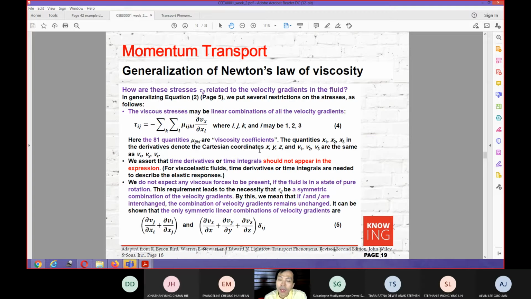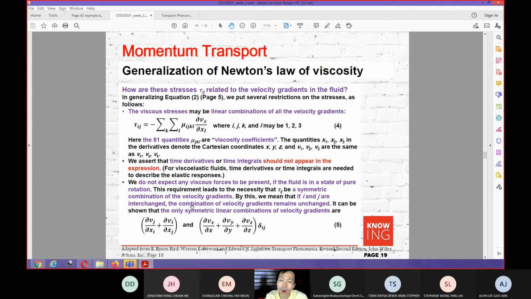Then we can think again that there will be no viscous forces present if the fluid is in a state of pure rotation. That means this tau ij should be a symmetric combination of the velocity gradients to fulfill the condition that there is no viscous force if the fluid is in pure rotation.